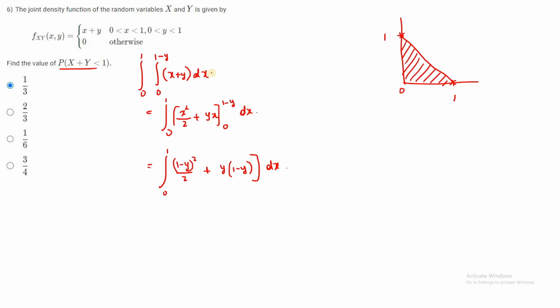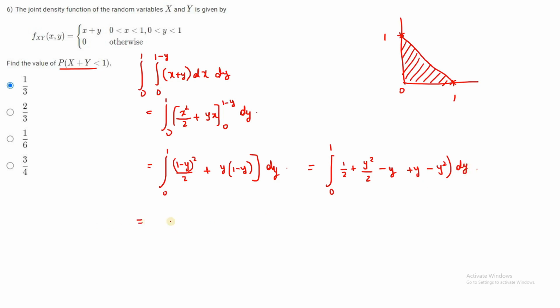So this is dx dy, so this is dy and this is also dy, which is equal to integral 0 to 1. So if we expand this, I'll have 1 by 2 plus y square by 2 minus y, plus, if I multiply here, I'll have plus y minus y square, dy.